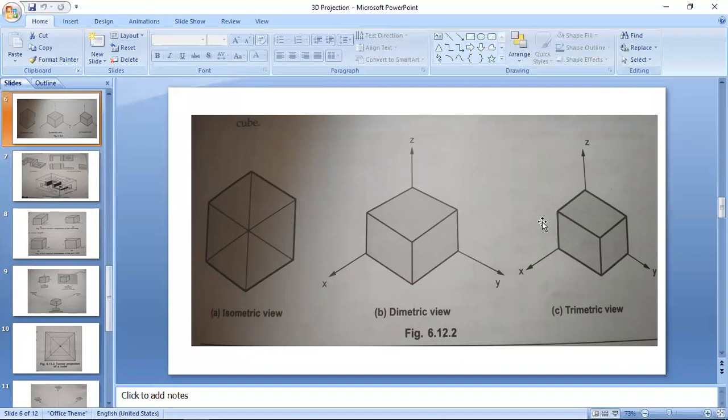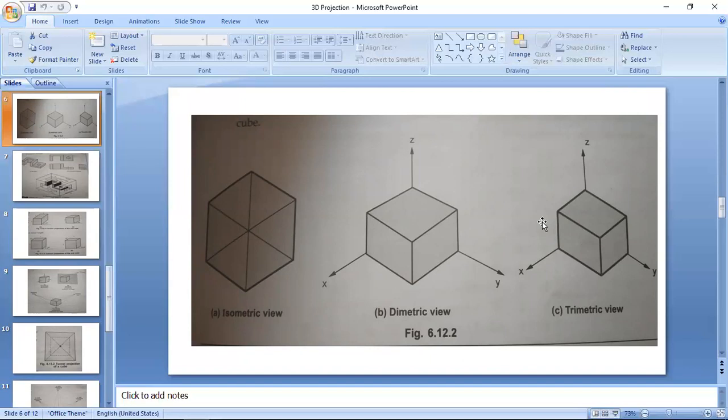In these axonometric projections, you can see the subdivision or classification of axonometric projections, which are these. First is the isometric, second is the dimetric, and the third one is the trimetric.